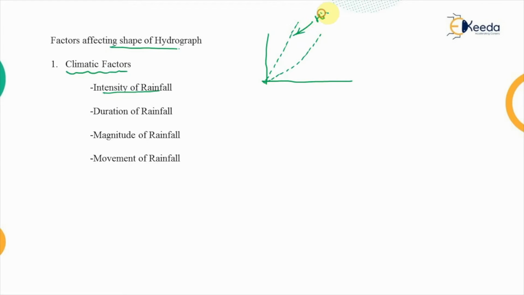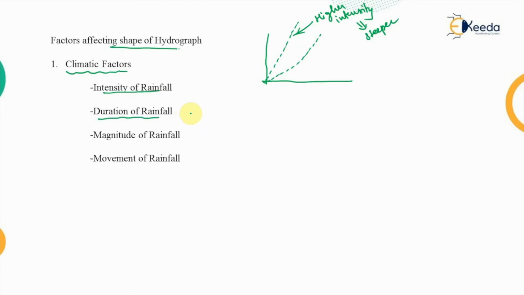So this intensity of the rainfall, if it is high, has an impact on the slope of the rising limb. Similarly, duration of the rainfall.